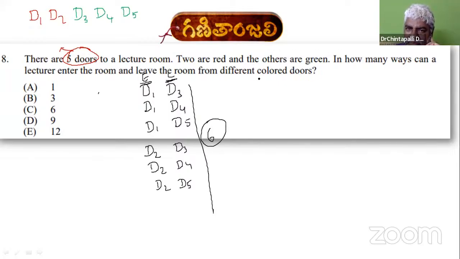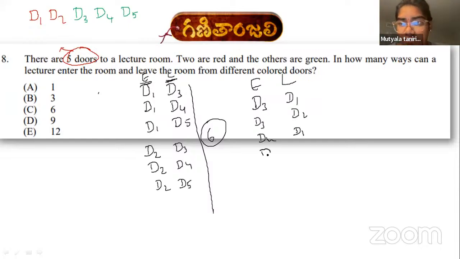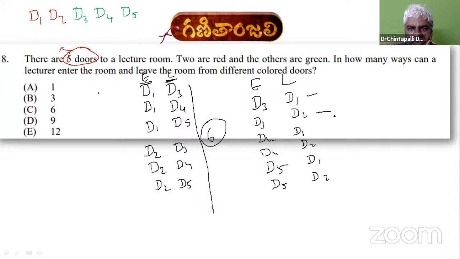That means entering and leaving: D3, D1; D3, D2; D4, D1; D4, D2; D5, D1; D5, D2. These are 6. Total is 6 plus 6, that is 12. That is the answer.